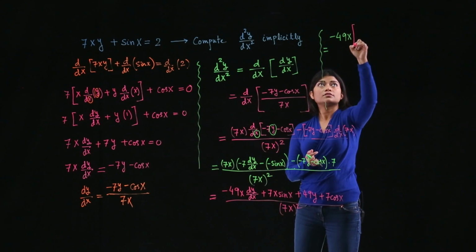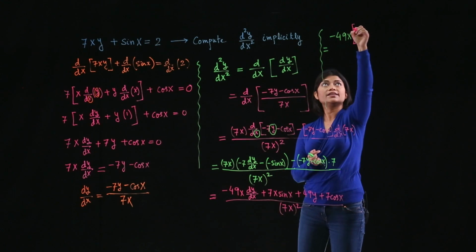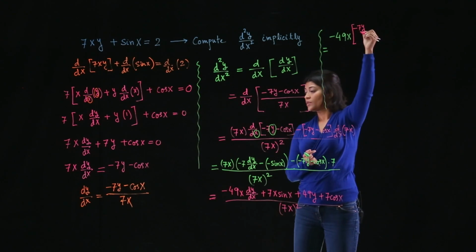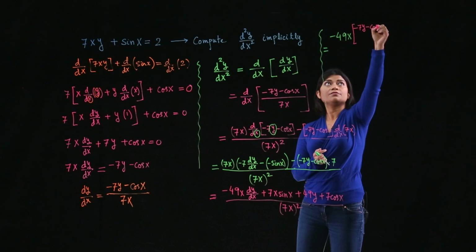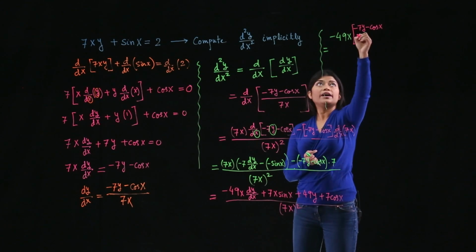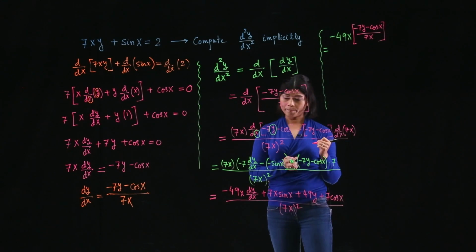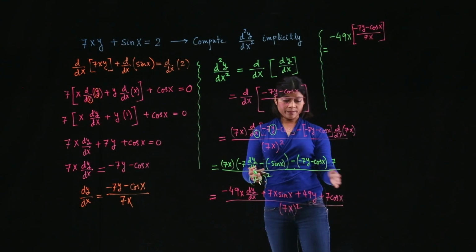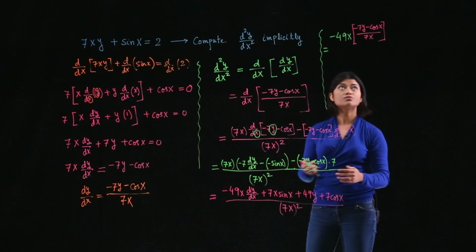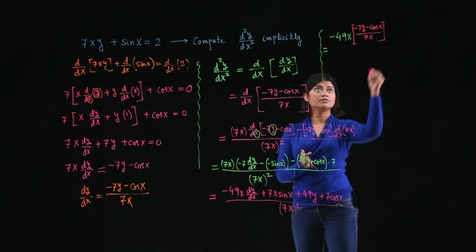Recall that dy dx is negative 7y minus cosine of x divided by 7x. So we plug that in, and the remaining three terms will remain as they are.